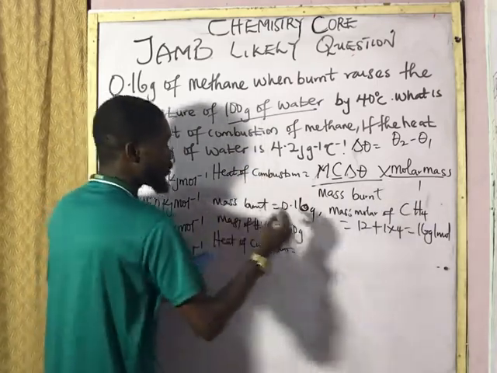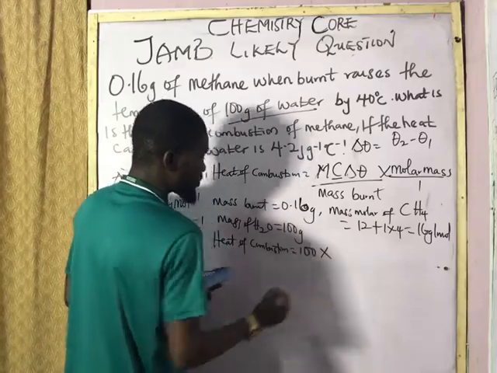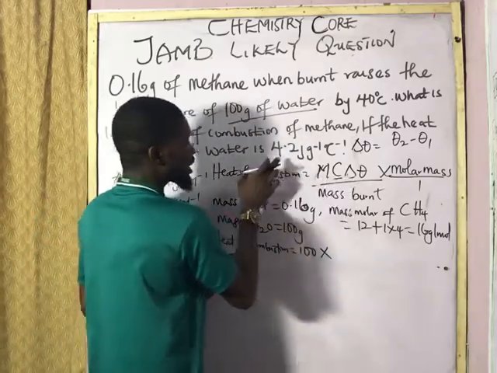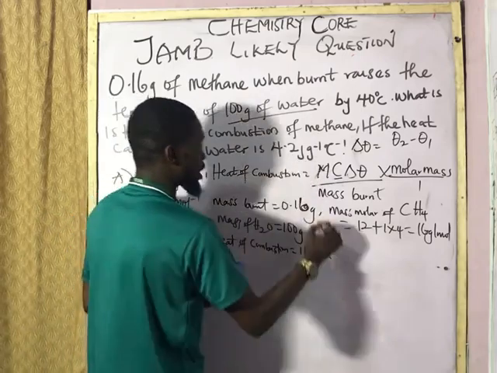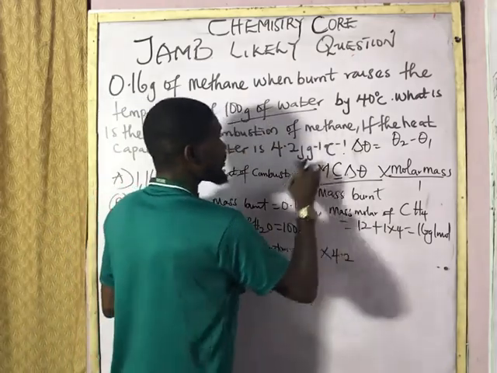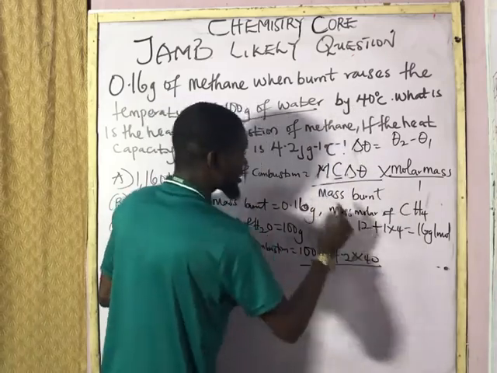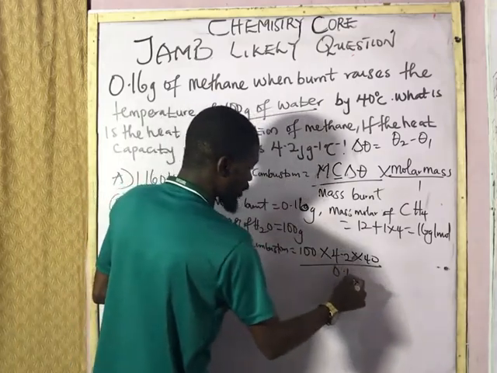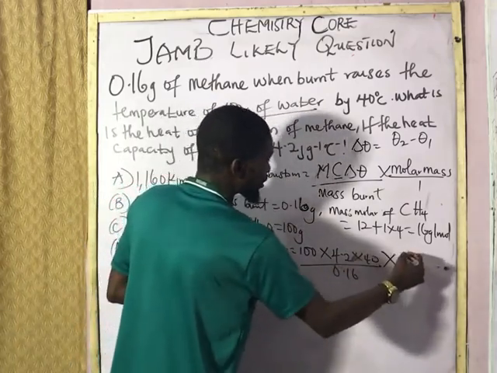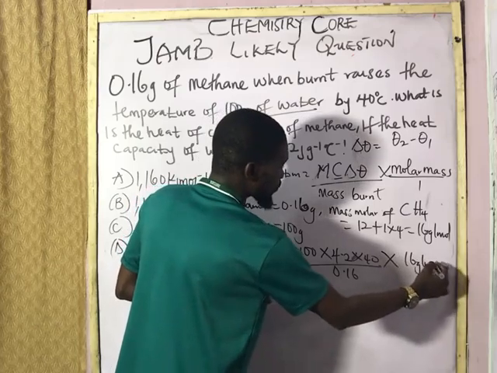So guys, the mass of water is 100 multiplied by our C, the specific heat capacity of water, 4.2. The temperature is 40, multiplied by 40, divided by the mass burnt, 0.16, multiplied by 16 gram per mole.